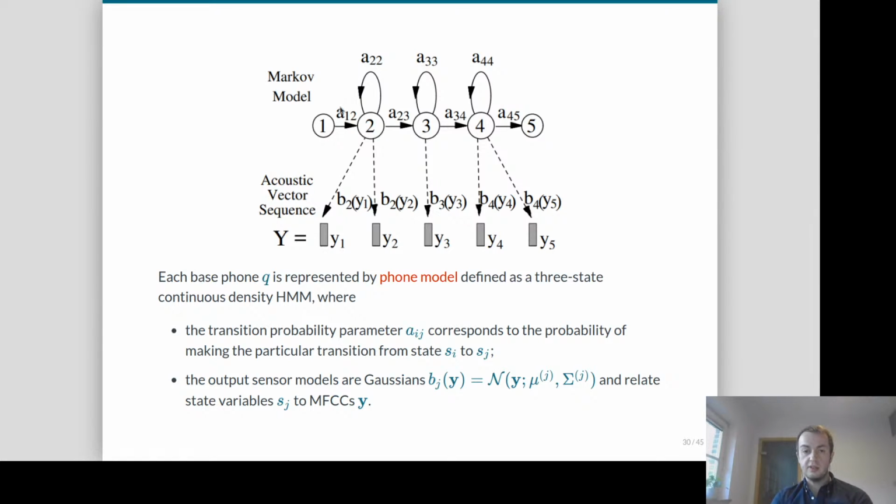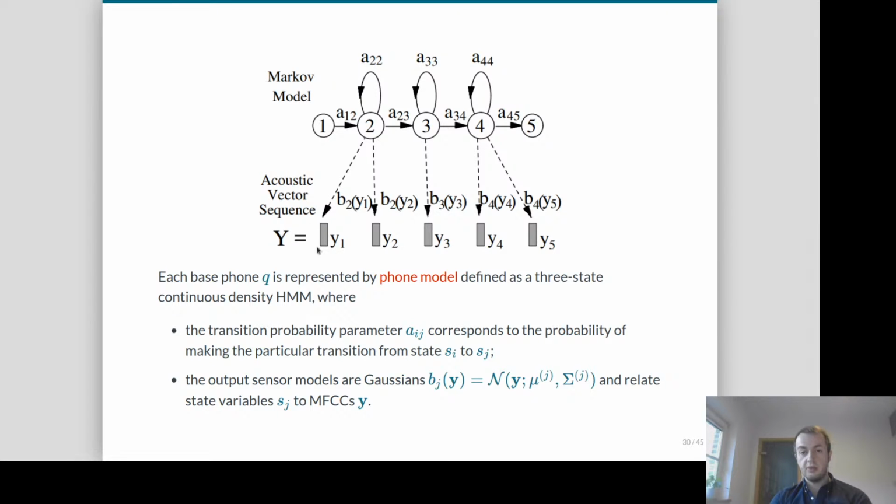It would start from some initial hidden state, and then transition from this state to, for example, the second state, state 2. And when it is in state 2, there would be a conditional probabilistic mapping between this state and some acoustic vectors, right?